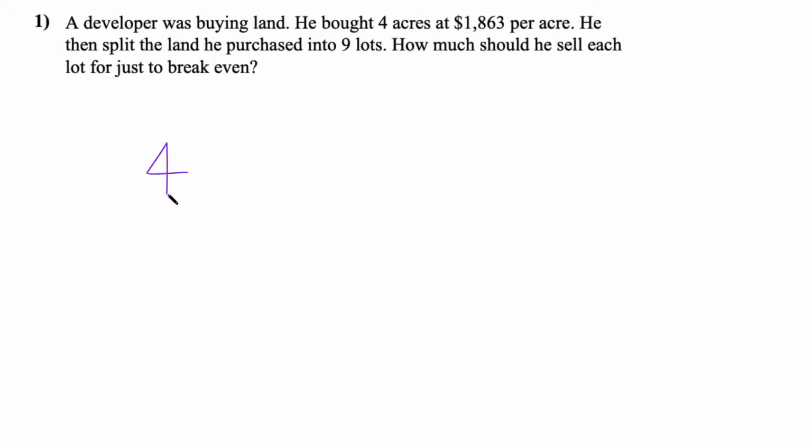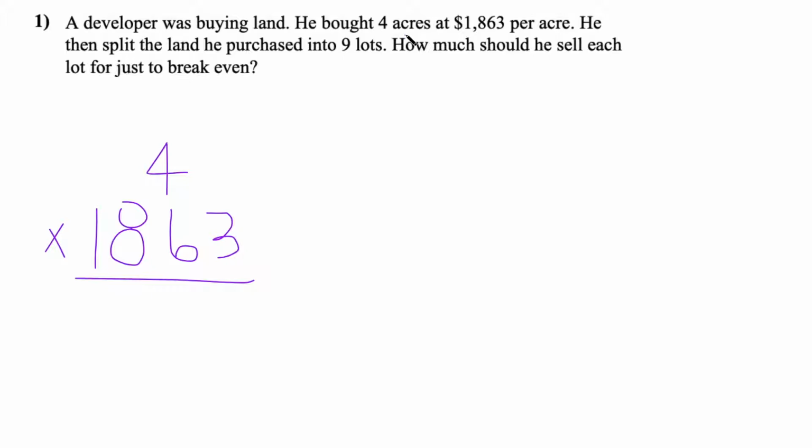And then we know that 1 acre costs $1,863 per acre. Because he bought 4 of them, we're going to have to multiply to figure out how much he spent on all 4 acres.